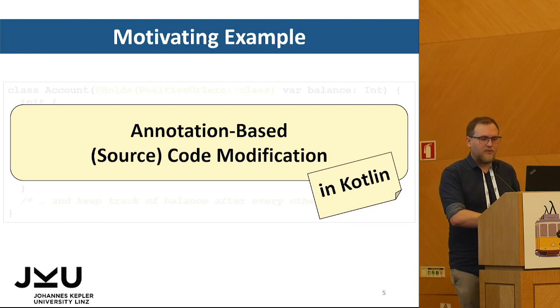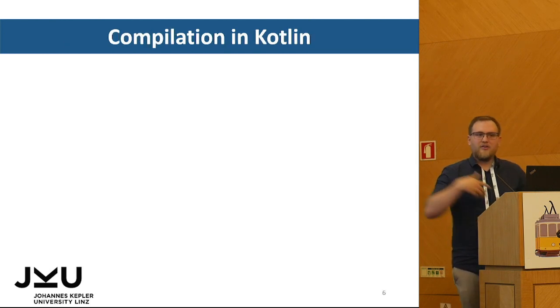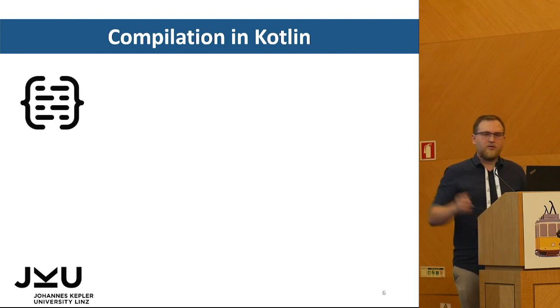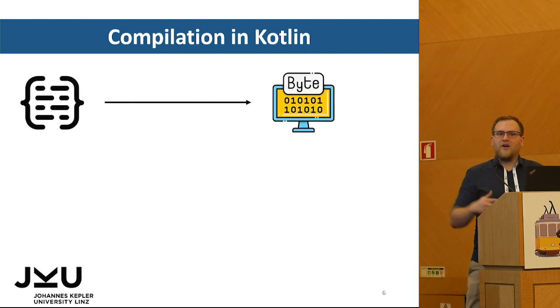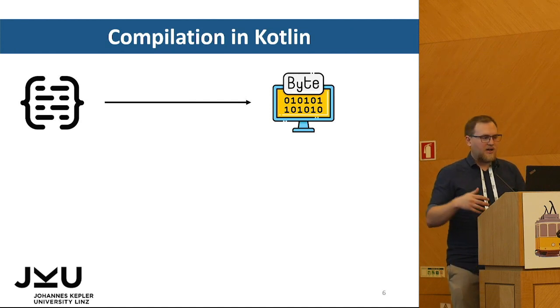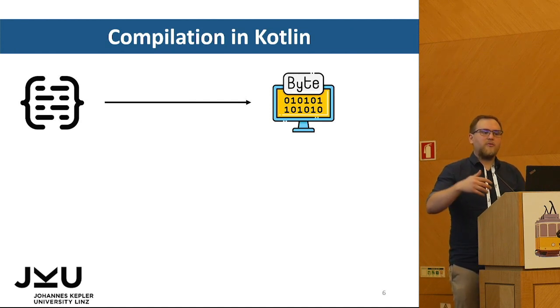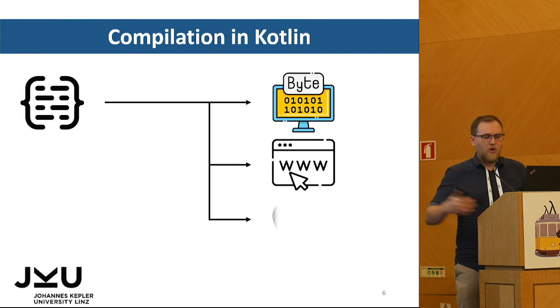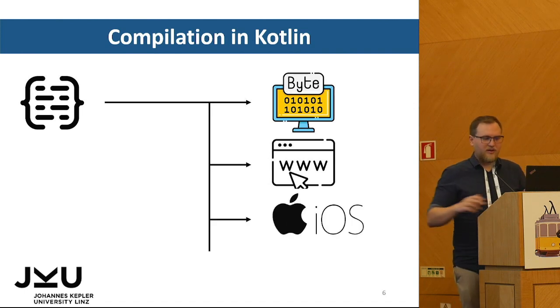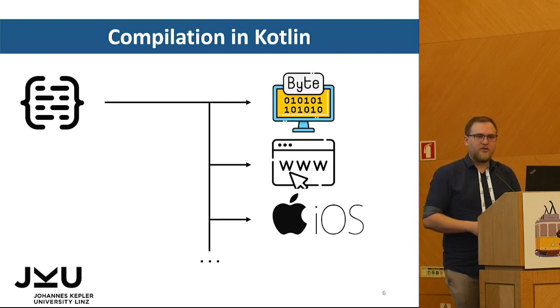So how can we achieve that in Kotlin? How does compilation work in Kotlin? So we have Kotlin source code, and typically we get Java bytecode out of it. But Kotlin is multi-platform, so we can also get JavaScript code from Kotlin or iOS code and some other compilation targets.